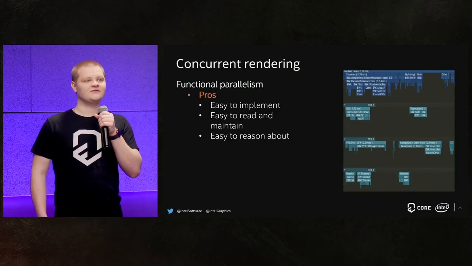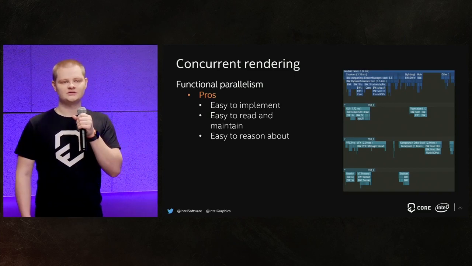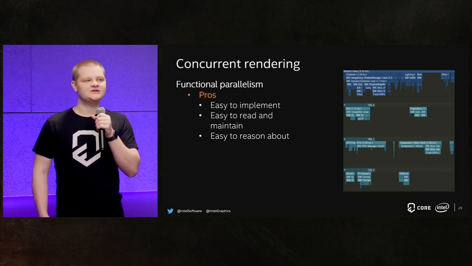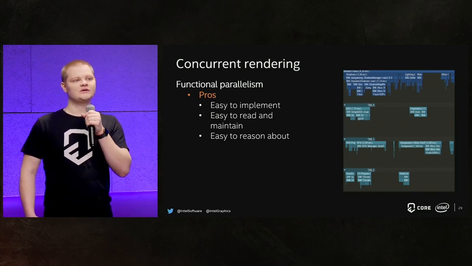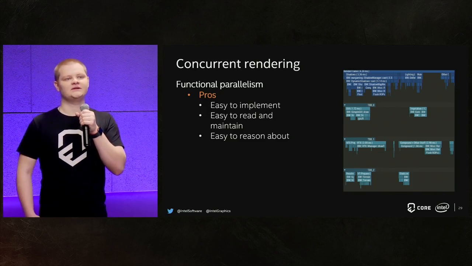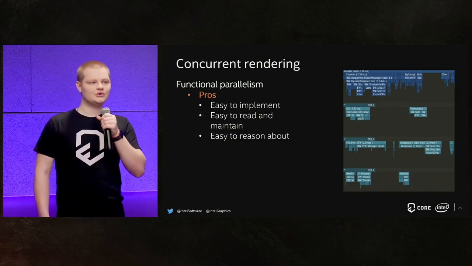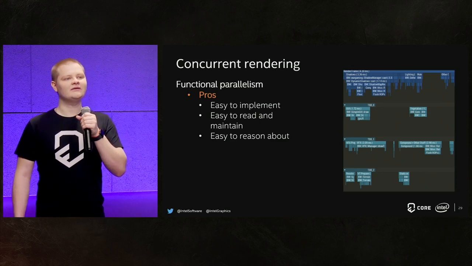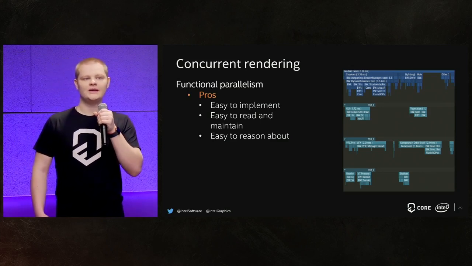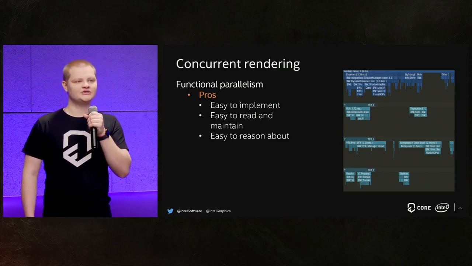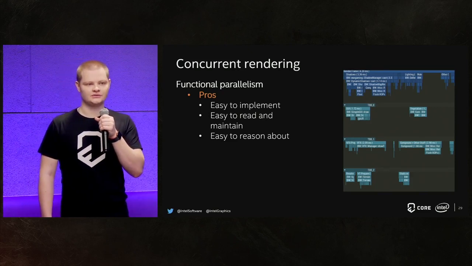So as you can see, functional or task parallelism is pretty easy to implement. It requires minimal effort to write and support such code, and because we can take a high-level view of our render pipeline, we can easily make modifications to increase parallelism in our engine.